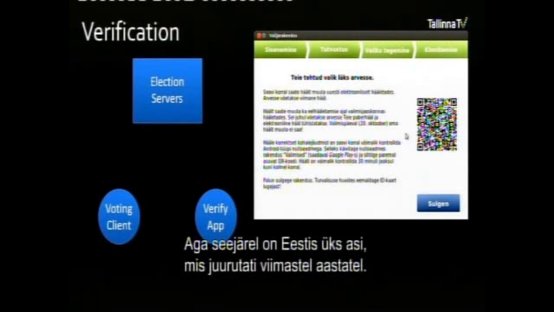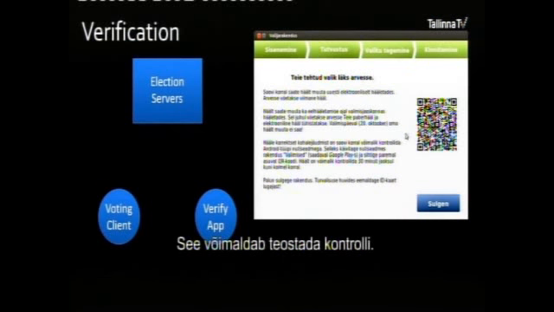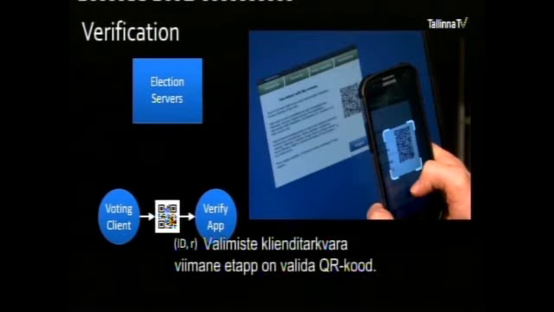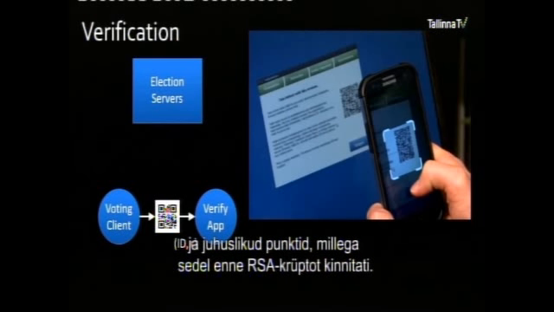Next, though, Estonia has a feature that's been introduced just in the last few years that lets you do something that they call verification. The last thing the election client software does is show you this QR code. The QR code contains two things, a ballot ID and the random coins that were used to pad the ballot before RSA encryption.